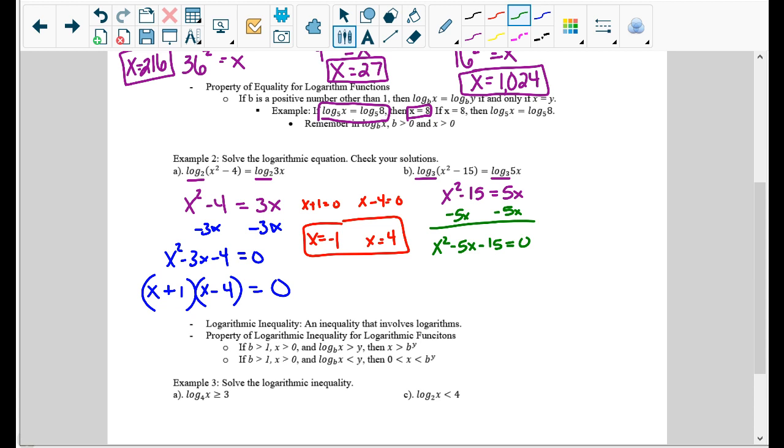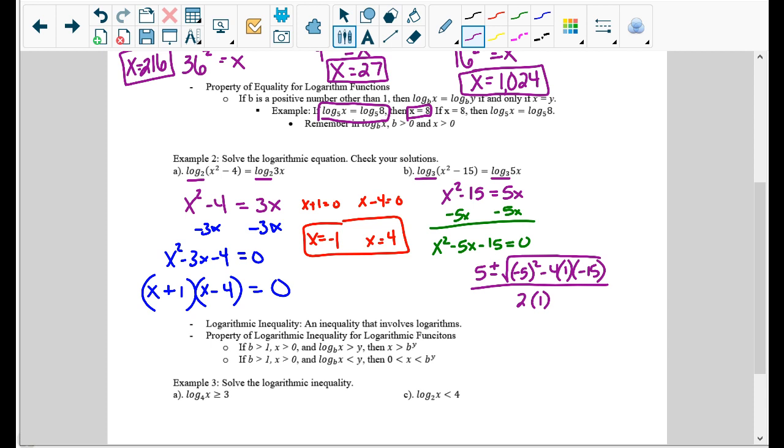Quadratic formula is one of them. By doing my quadratic formula, opposite of b, 5, plus or minus the square root of b squared, negative 5 squared, minus 4 times a, 1, times c, negative 15, all divided by 2 times a, which is 1. I'm just plugging that into my calculator.